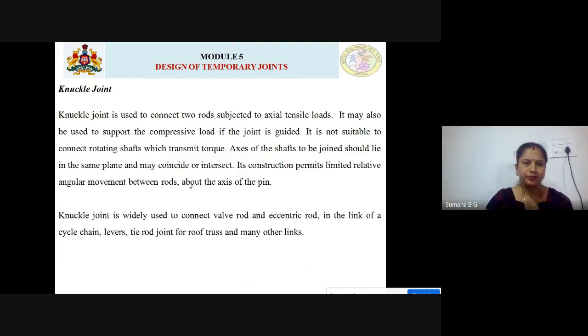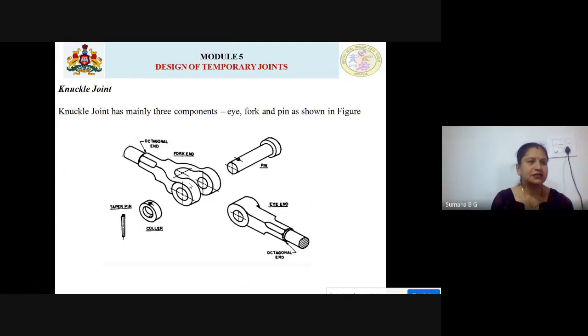A knuckle joint has three main components, as shown in the figure: eye, fork, and pin. The eye is formed on one of the rods and the fork is formed on the other. The eye fits inside the fork and the pin is passed through both the fork and the eye.